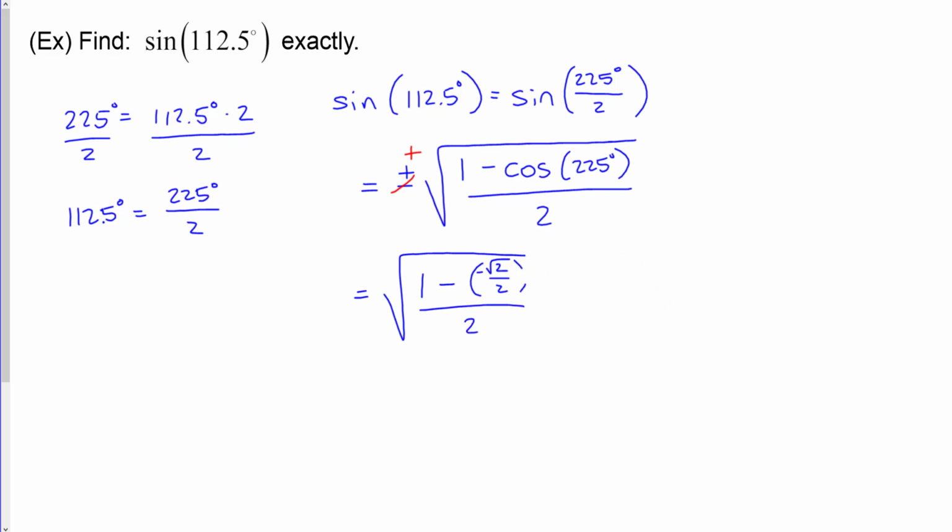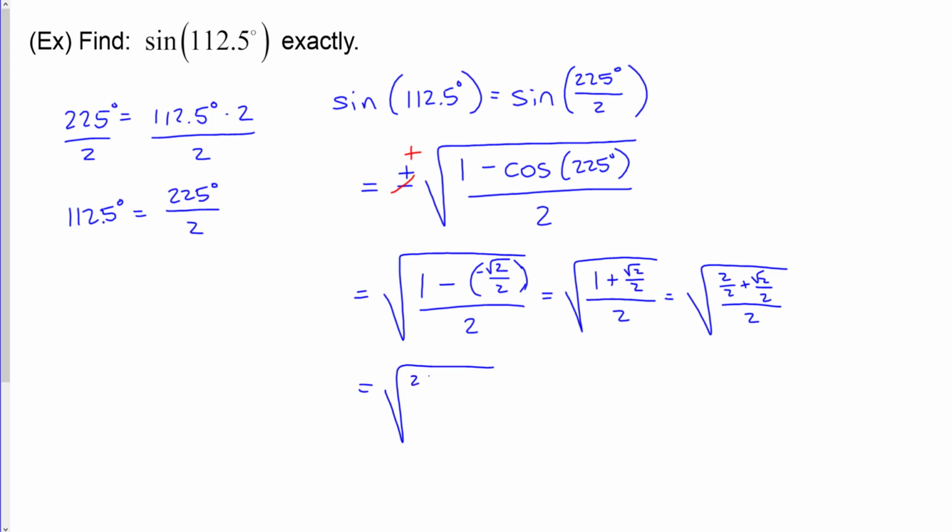And we really just have to simplify this to get our final answer. So let's see what happens. This would be the square root of 1 plus the square root of 2 over 2, divided by 2. That's 2 plus root 2 over 2, divided by 2.